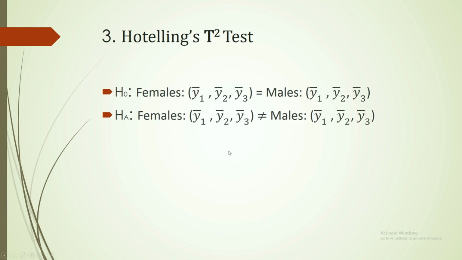So this is the hypothesis that's going to be tested for the R demonstration that I'm going to perform. The null hypothesis in this case is that the females' attitudes, measured using these 3 variables, complaints, learning, and, what was the other one, raises, compared to the males' attitudes towards their job, are equal.